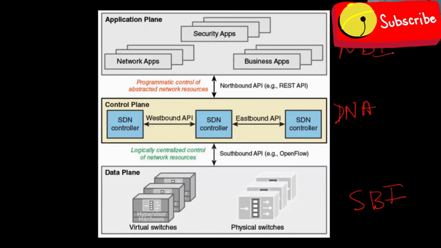Our DNA, obviously, we're going to access from the northbound. They gave an example, REST API. A REST API is just an application program that uses HTTPS, which is the secure version of HTTP.